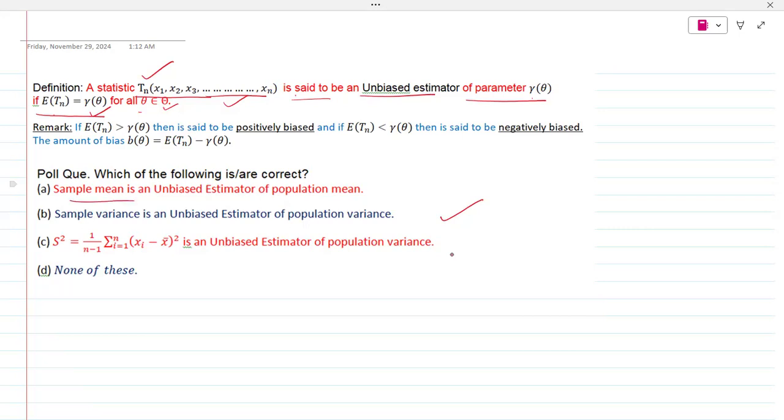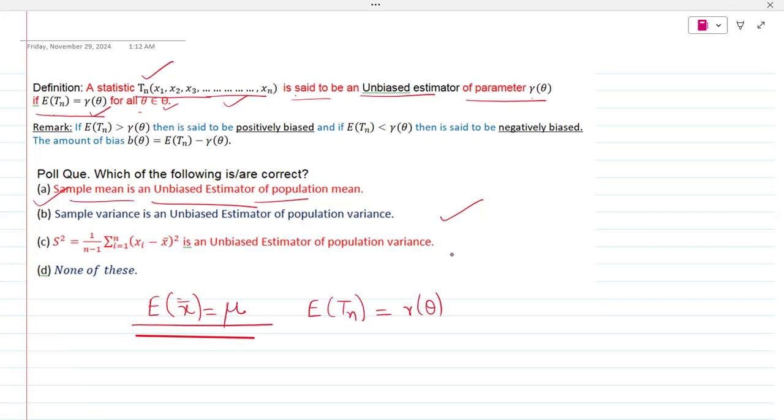Now, sample mean is an unbiased estimator of population mean. Actually, this is a correct statement. The expected value of x bar is equal to the population mean. This equation satisfies that the expected value of Tn is equal to the parameter value. What is our Tn here? Tn, the estimator, the function of sample values, is x bar.